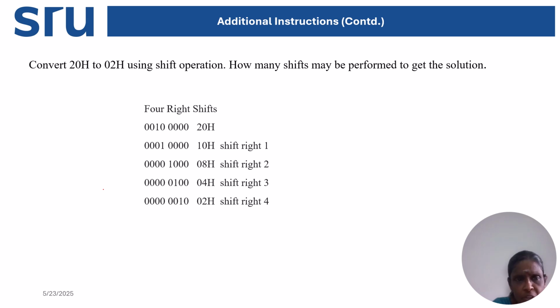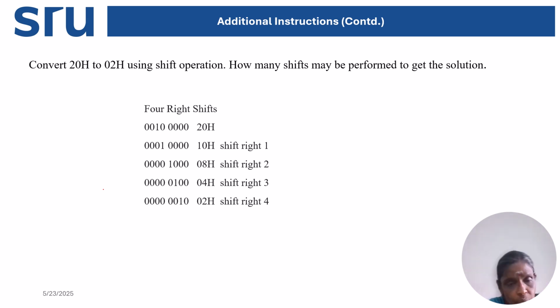So right shift, so MSB is made 0. So this is the equivalent of 10 hex after shifting 1 bit, right? And then second one, 0 0 0 0 1 0 0 0, automatically MSB is added with 0 and it is equivalent to 08H.